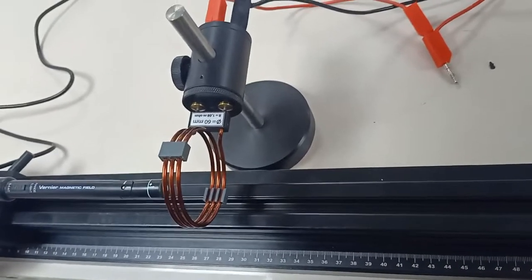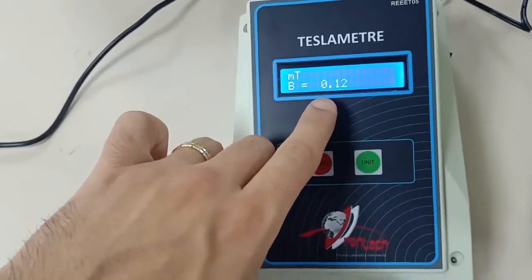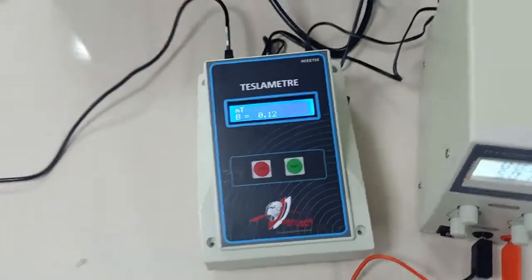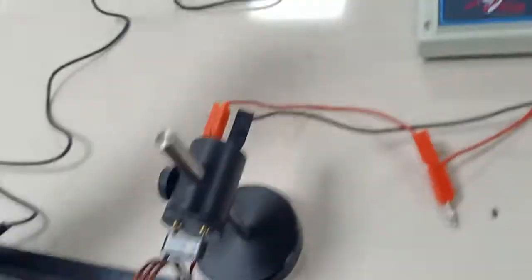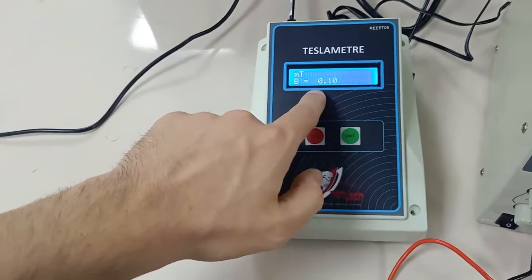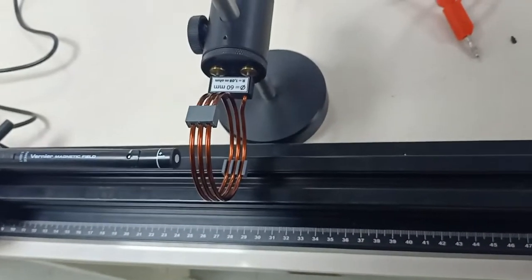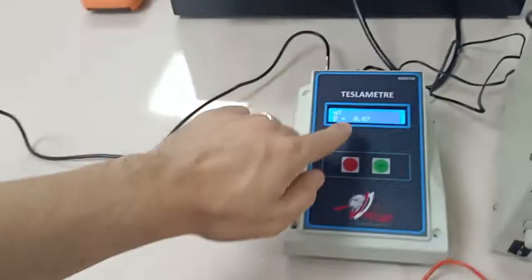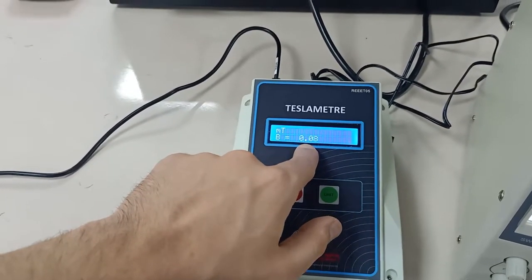Now it is 3.5 centimeters away, and the magnetic field value is 0.12. Now it is 4 centimeters away, and the value is 0.10. Now it is 4.5 centimeters away, and the value is 0.07.